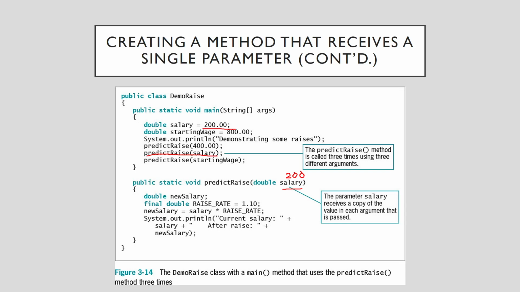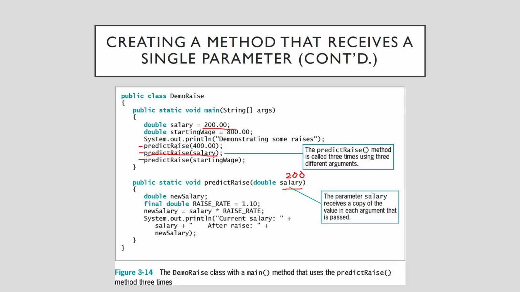Now, how many method calls are there for predict raise? This is the first method call, second, third. So there are 3 times that predict raise is being called, and of course, with different values being passed in each method call.